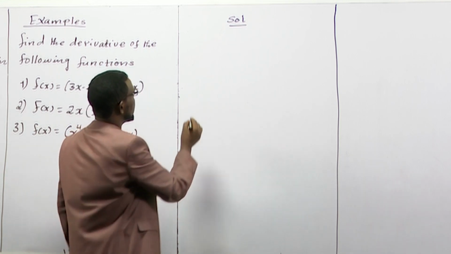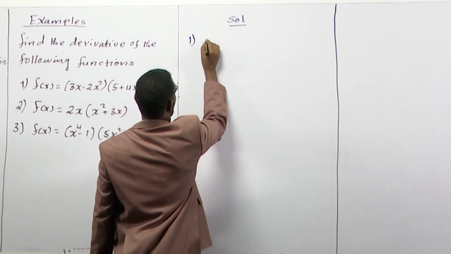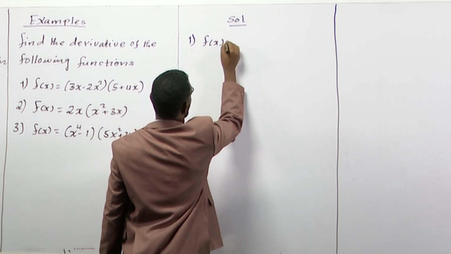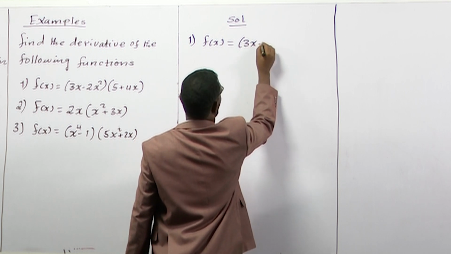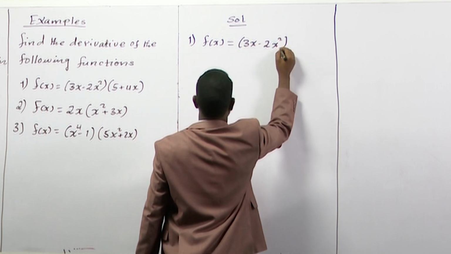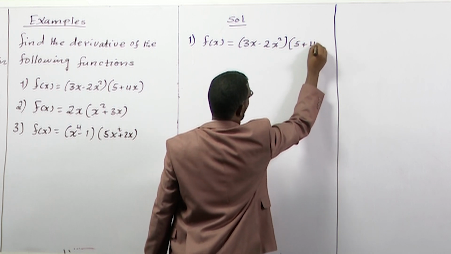Example 1. f of x is equal to 3x minus 2x squared times 5 plus 4x.